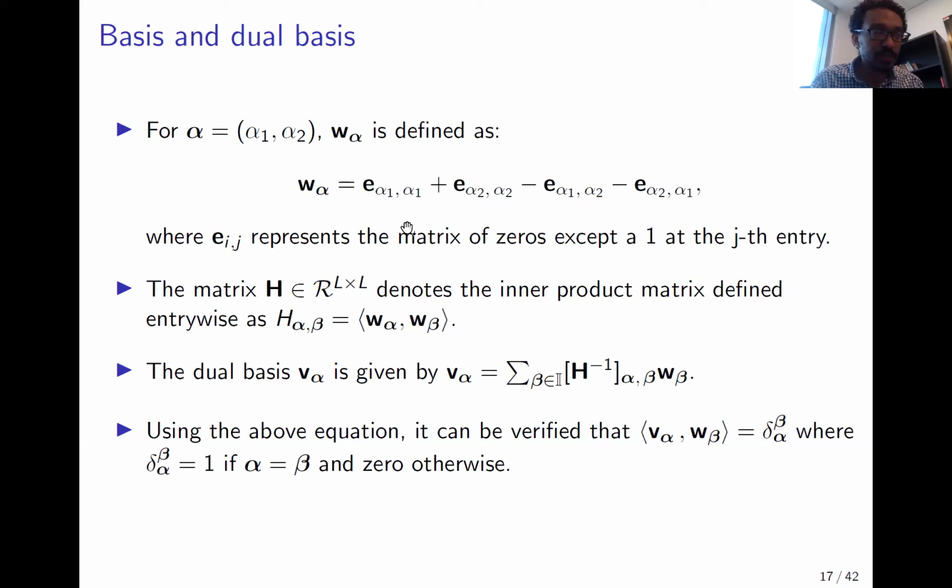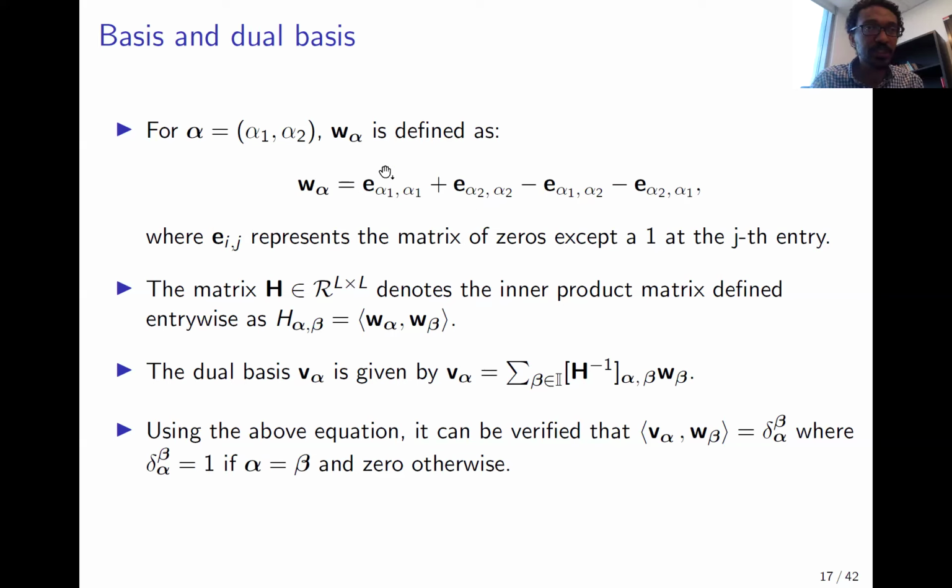If I have an index alpha, defined in terms of alpha 1 and alpha 2, W alpha is given by this formula, where Eij is the standard matrix where we put a 1 in the ij position.